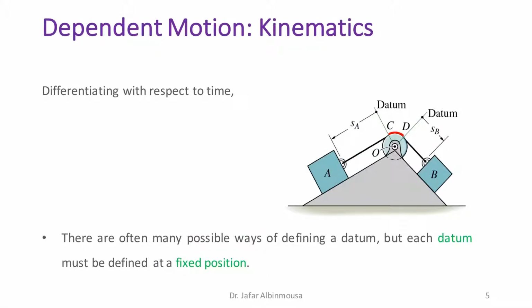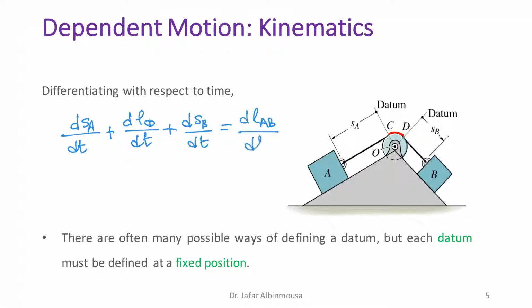Now, if we differentiate that cord or cable equation with respect to time, we are going to get dSA over dt plus d length CD over dt plus dSB over dt, which is equal to the dl from A to B over dt.